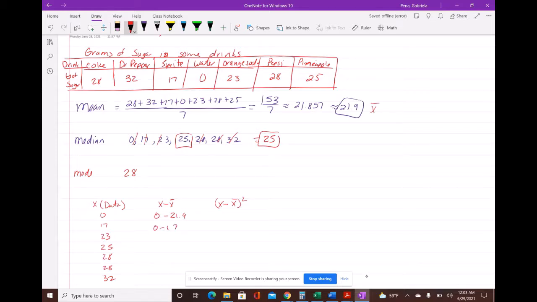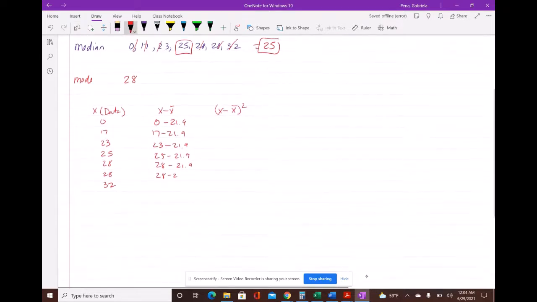That's not 0, that's 17. 17 minus 21.9. 23 minus 21.9. 25 minus 21.9. 28 minus 21.9. 28 minus 21.9. 32 minus 21.9.